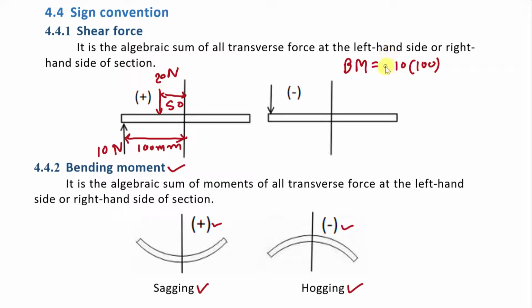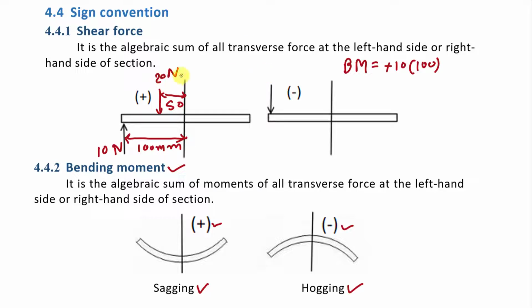So we will take it positive. You can also understand it like this: if we apply this 10 Newton load in the upward direction, then the beam is going to be bent like this, meaning there will be sagging in the beam, and we will take that bending moment as positive. So here there will be a positive sign.